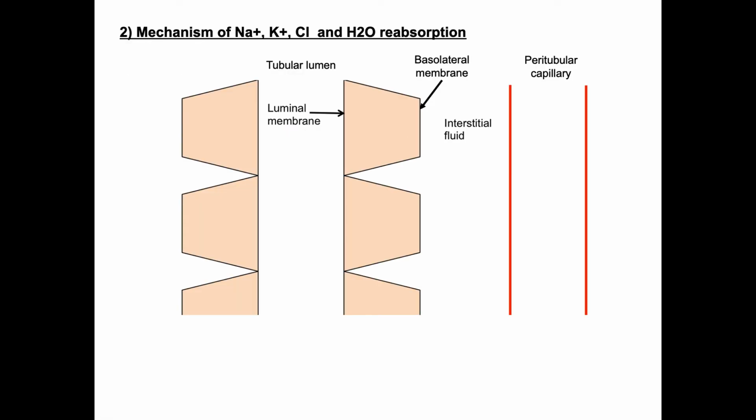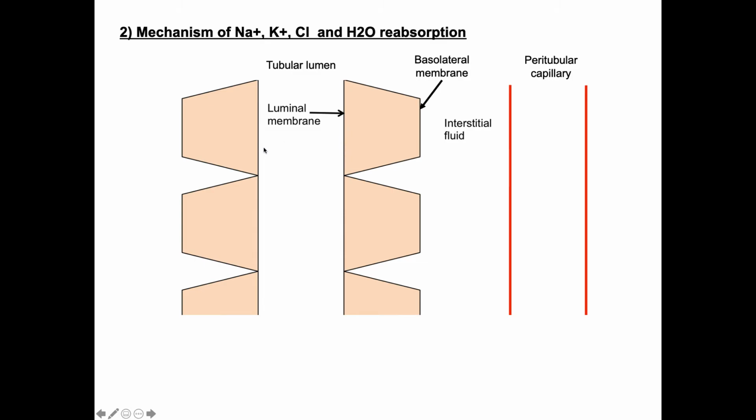So let's start talking about this. All right? These are cells in the tubular lumen, or in the proximal convoluted tubule. The lumen is the space passing through the proximal convoluted tubule. Now these cells in the proximal convoluted tubule have two membrane spaces. There's the luminal membrane.